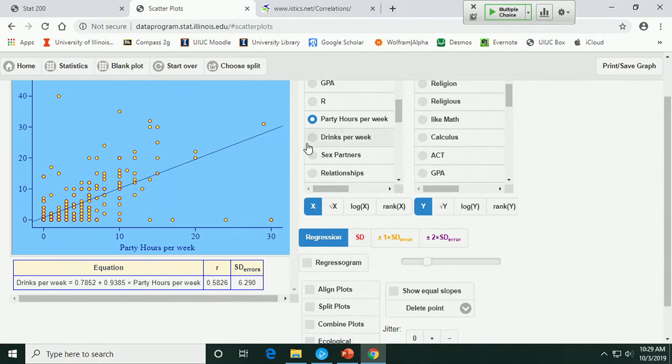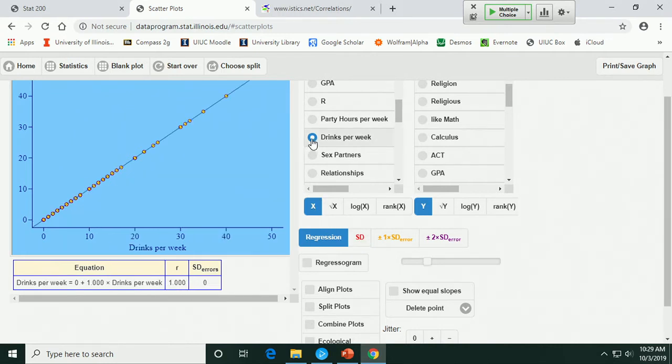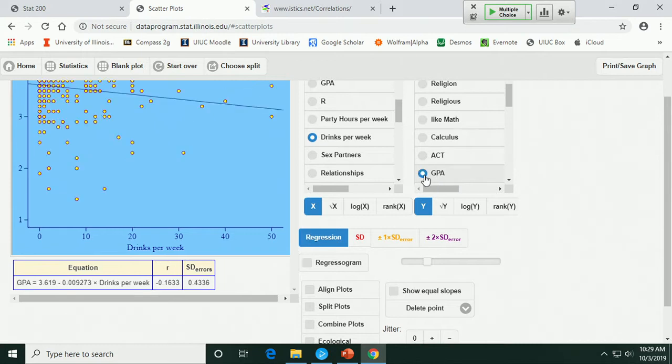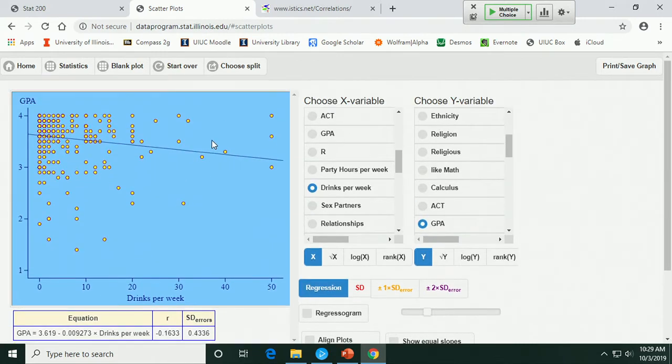Drinks and GPA. Let's see. Does how much you drink predict your GPA? Let's look. It does in this class. It has a negative correlation of negative 0.33. Sometimes it doesn't in certain classes, but it might not be as strong as what you think.